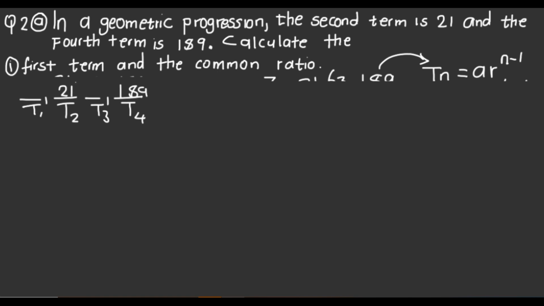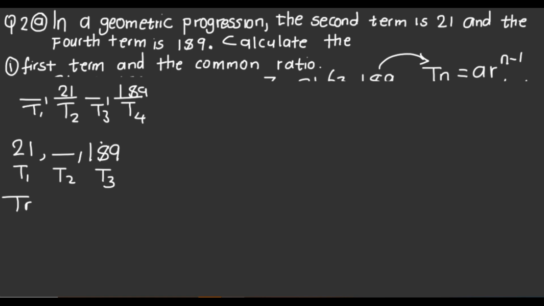Let's just focus on the two given terms, 21 and 189. Whenever you are using this method, the first number in between those two numbers that you are given must be considered as the first term regardless of the position. So we are going to assume this is term number 1, term number 2, term number 3.